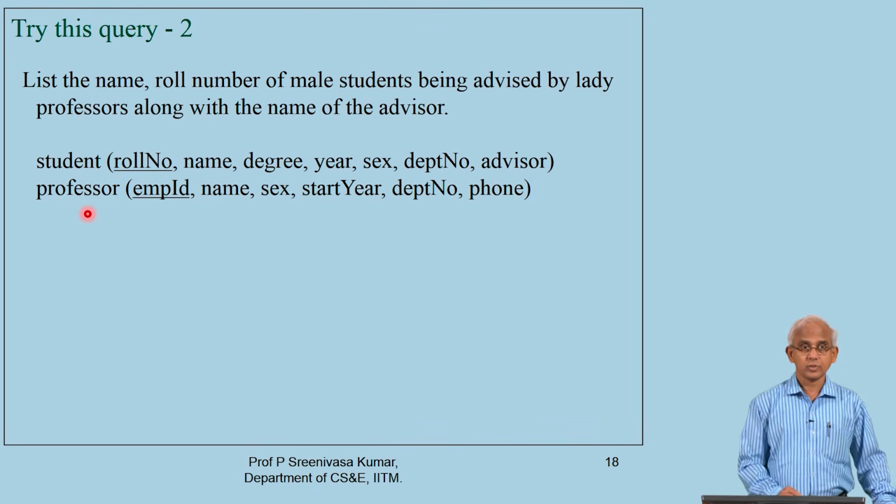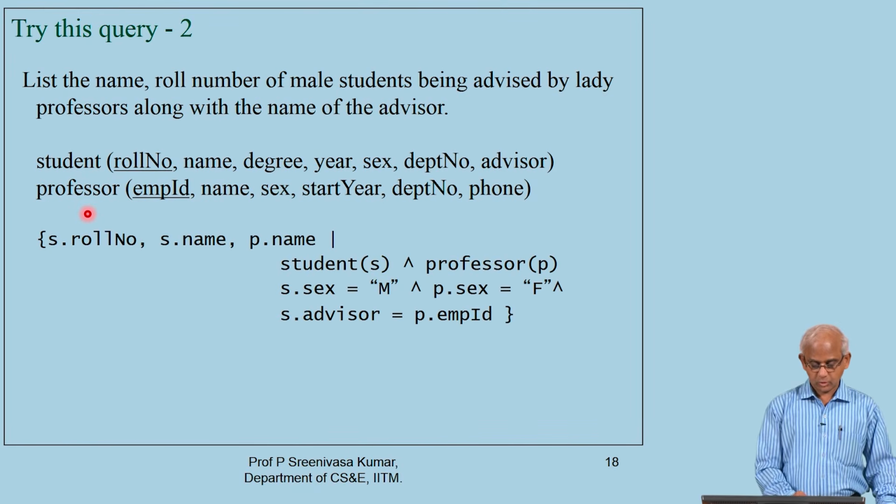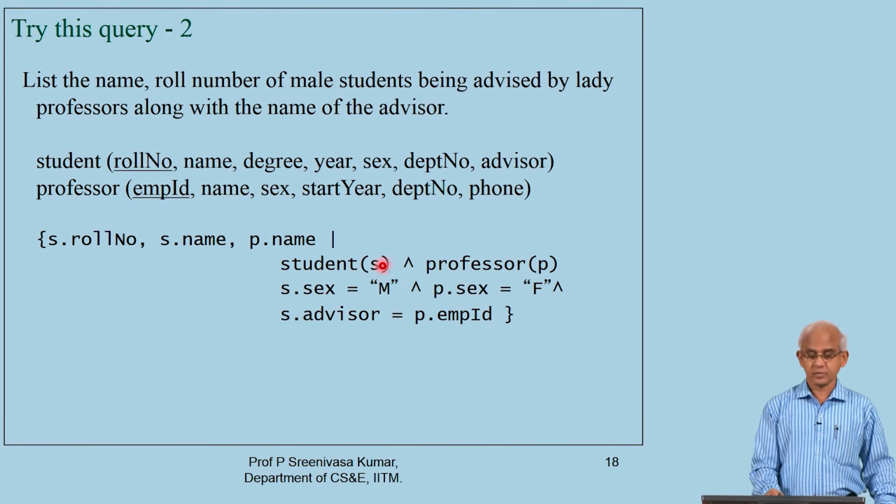So, the way you can formulate this is like this. Again, we have two free variables, student S and professor P, and we are looking for the student being male and the professor being female, and the student's advisor is this professor.